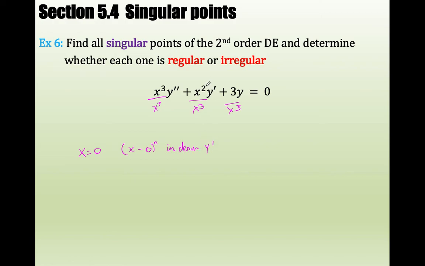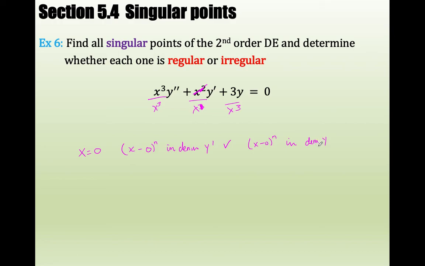Well, don't forget to cancel, right? Don't forget to simplify. So this is just x to the first. So everything's okay. But what about here? How many times does x minus 0, what is my n in the denominator in front of y? There was nothing to cancel this time.